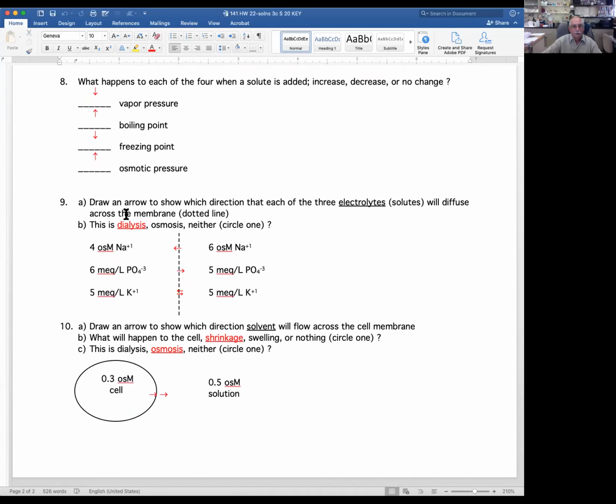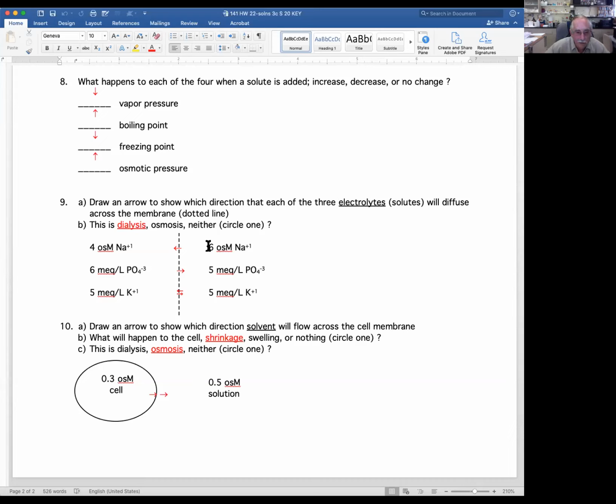So draw an arrow to show which direction each of the 3 electrolytes, in other words, solutes, will diffuse across the membrane. So first of all, we're talking about solutes, right? We're not talking about the solvent. So this is dialysis. And so diffusion goes from a higher concentration to a lower concentration.